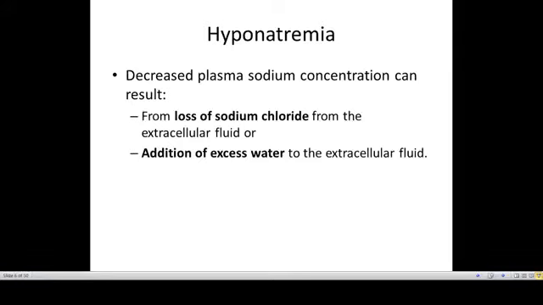Decreased plasma sodium concentration can result from loss of sodium chloride from the extracellular fluid or addition of excess water to the extracellular fluid.